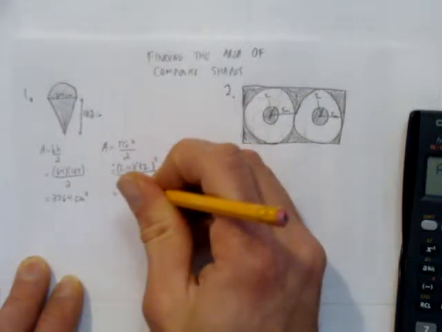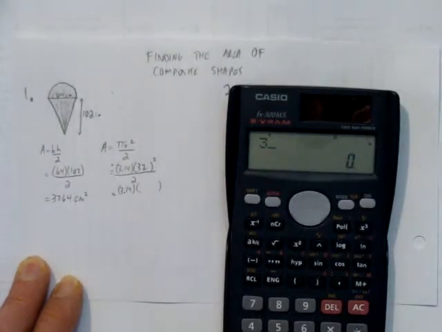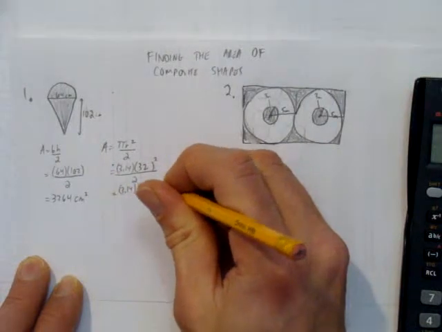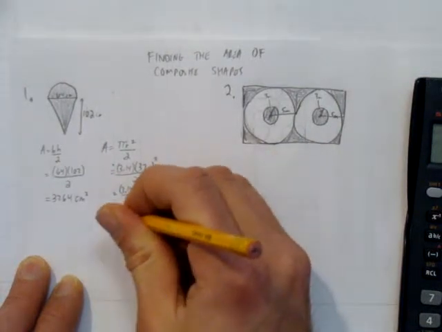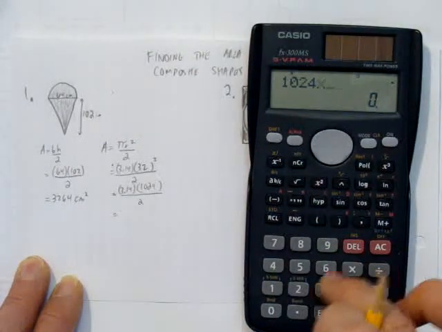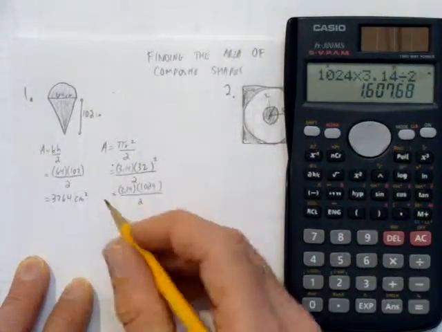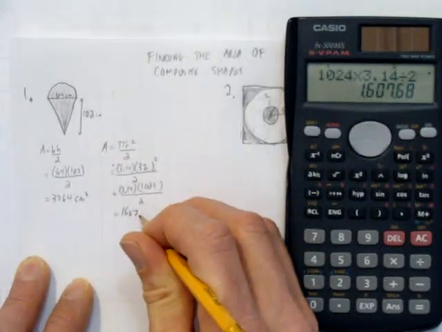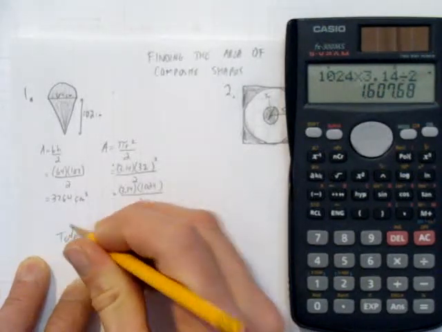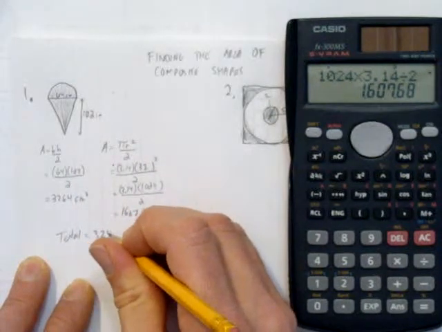So we get 3.14 times, what's 32 squared? 1,024. And we divide by 2. We can do all that at once. 1,024 times 3.14 divided by 2. And we get 1,607.68 meters squared.